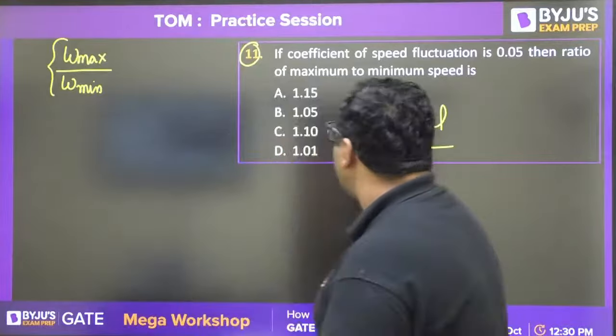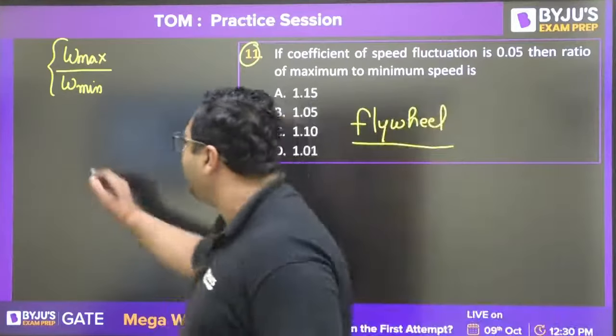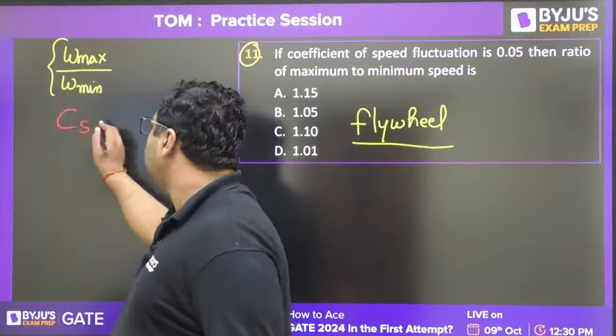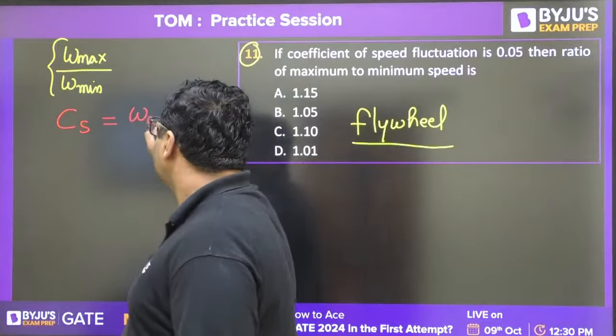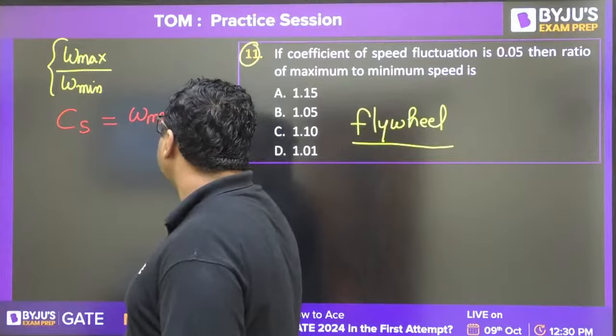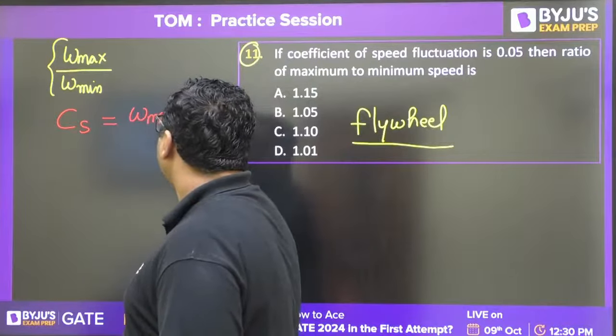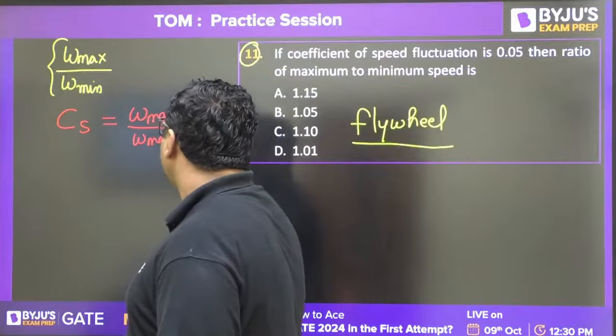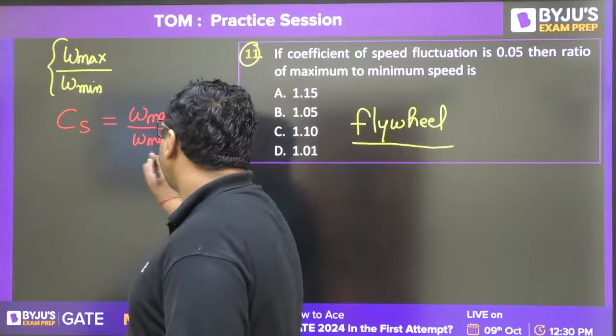So guys, now we are talking about omega max by omega minimum. You will know that the coefficient of fluctuation of speed is defined as omega max minus omega min divided by omega max plus omega min divided by 2.